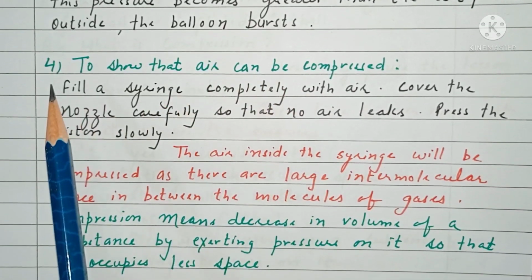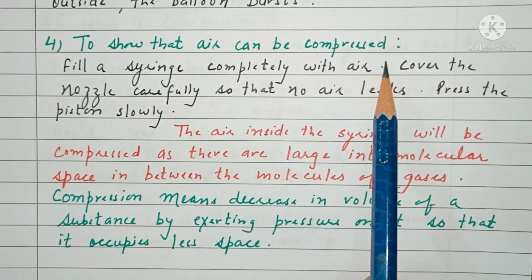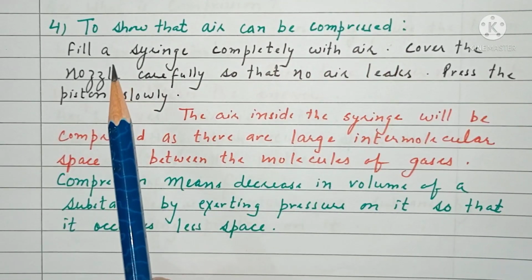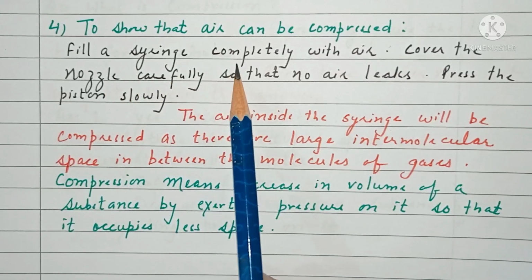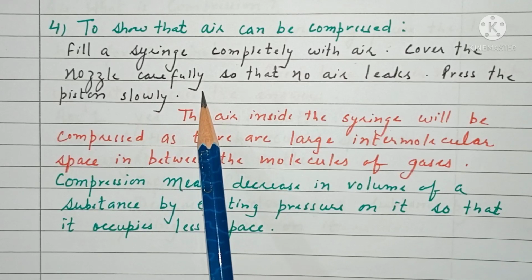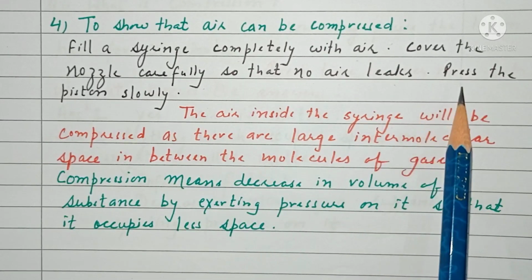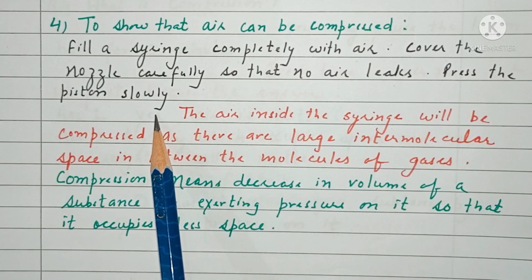And now we will do the fourth activity to show that air can be compressed. So for this, fill a syringe completely with air and then cover the nozzle carefully so that no air leaks, and then press the piston slowly.